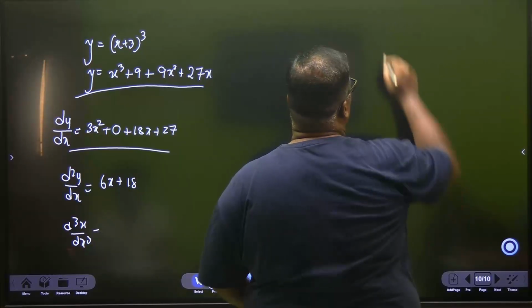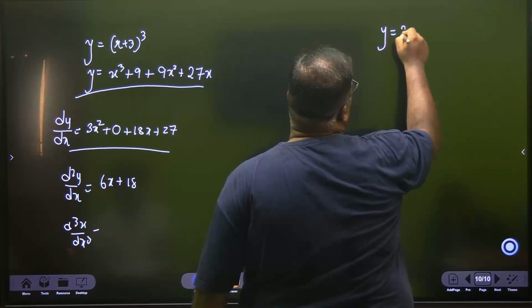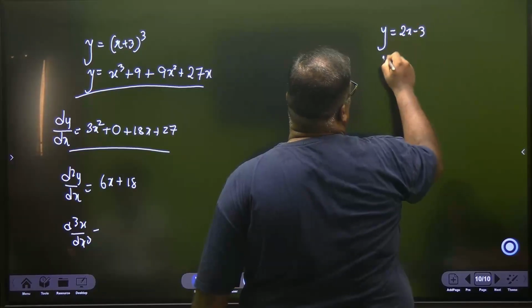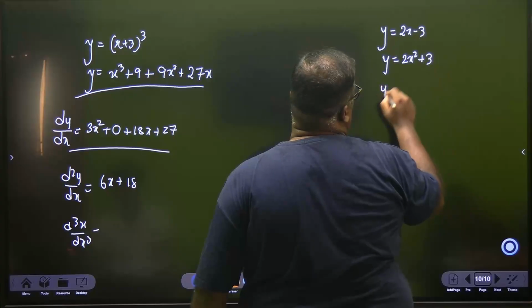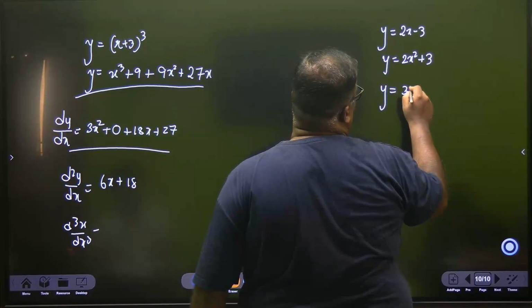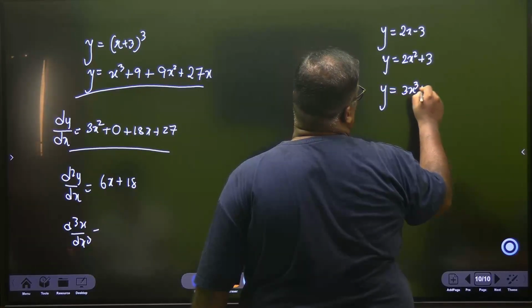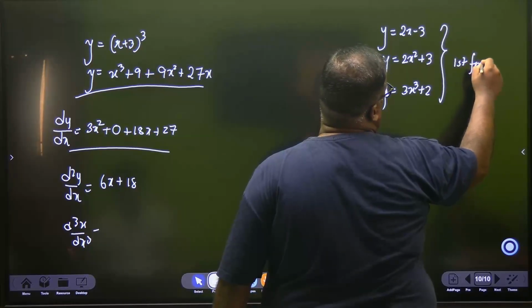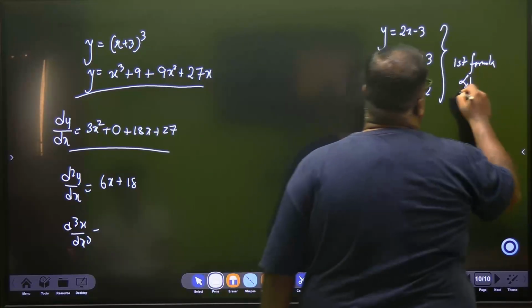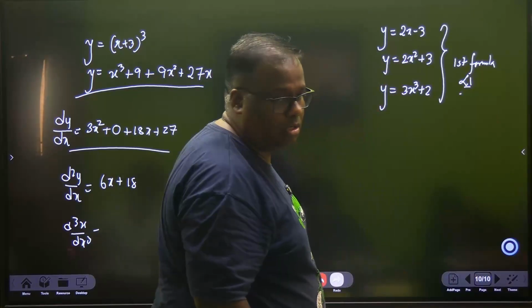These are your homework. Do them all by the first formula, the limit formula. Do them. Got it?